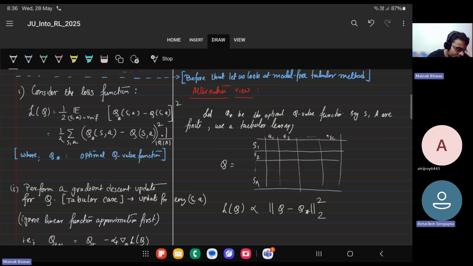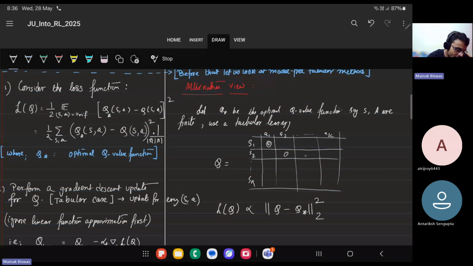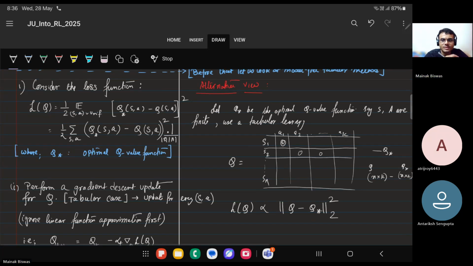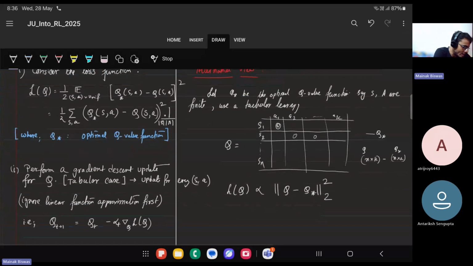For every element, I have a Q star matrix as well, N cross K matrix and N cross K matrix. I will subtract both of these matrices, Q and Q star, and then I will take an element-wise summation. So let us try and do that.